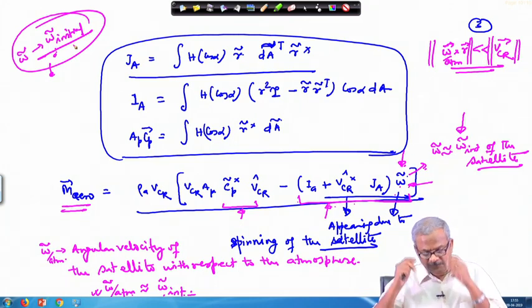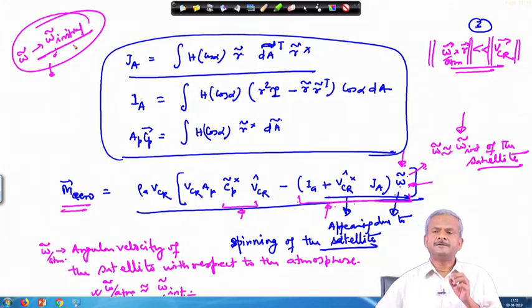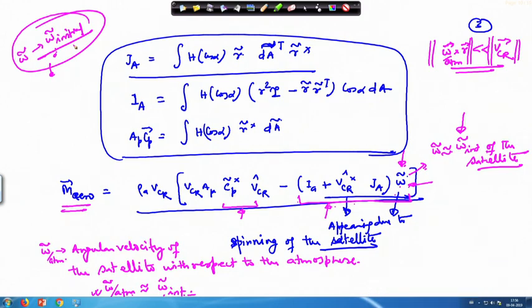And therefore, in any long range satellite attitude control problem, you need to take into account all these forces. If you are looking for the stability problem, you are looking for a short period. The same thing is in the case of the aircraft also, the navigation problem and the control problem.